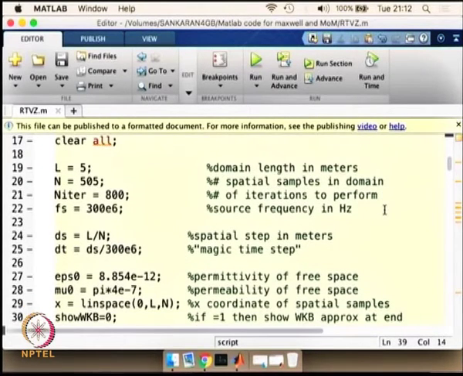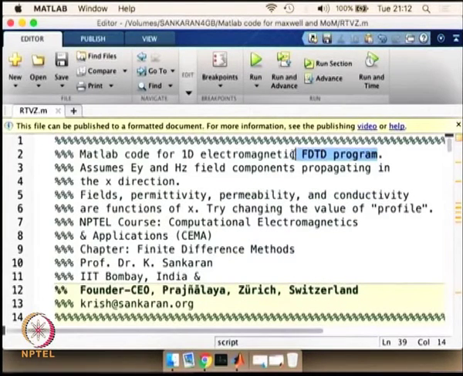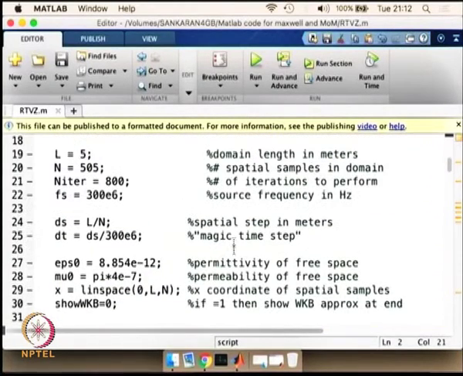So our code is going to be an FDTD code but in one dimension. The spatial samples in this one dimension of 5 meters is going to be 505 samples. Of course by changing this I can change the accuracy of my method, and my simulation time is going to be 800 steps, and the source frequency, the frequency of the incoming wave, is going to be 300 megahertz.